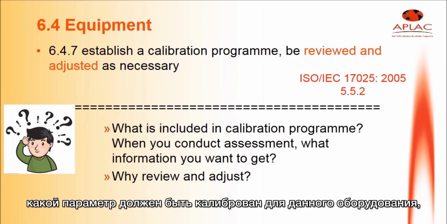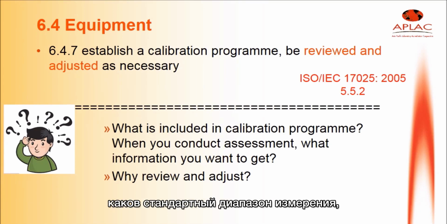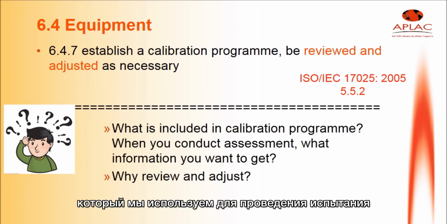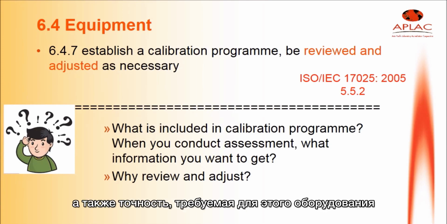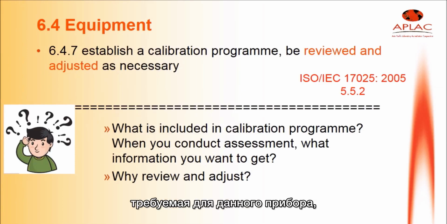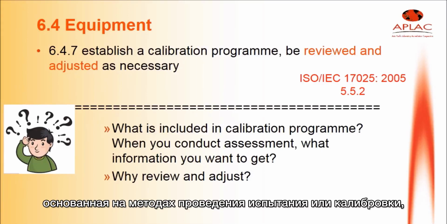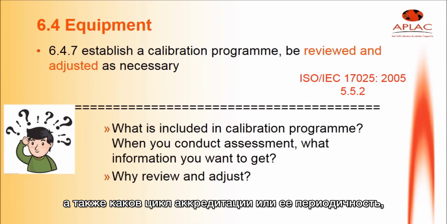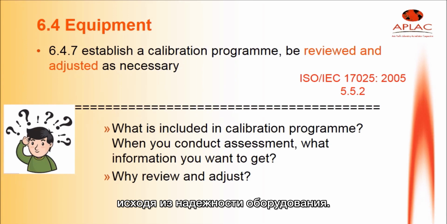For this equipment, which parameter shall be calibrated, and what's the normal measurement range we use for testing or calibration purposes, and what accuracy or measurement uncertainty is required for this instrument based on the testing or calibration methods, and what calibration cycle or interval is appropriate based on the stability of the equipment.